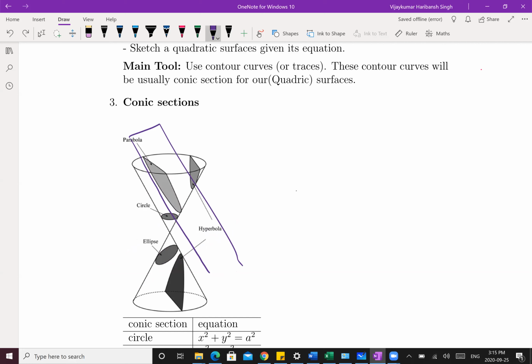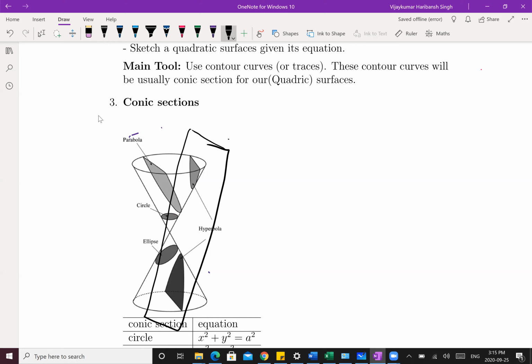And if you cut it spanning through these two parts, so that it cuts through both the parts, the intersection will be a hyperbola. So these sections are called conic sections.